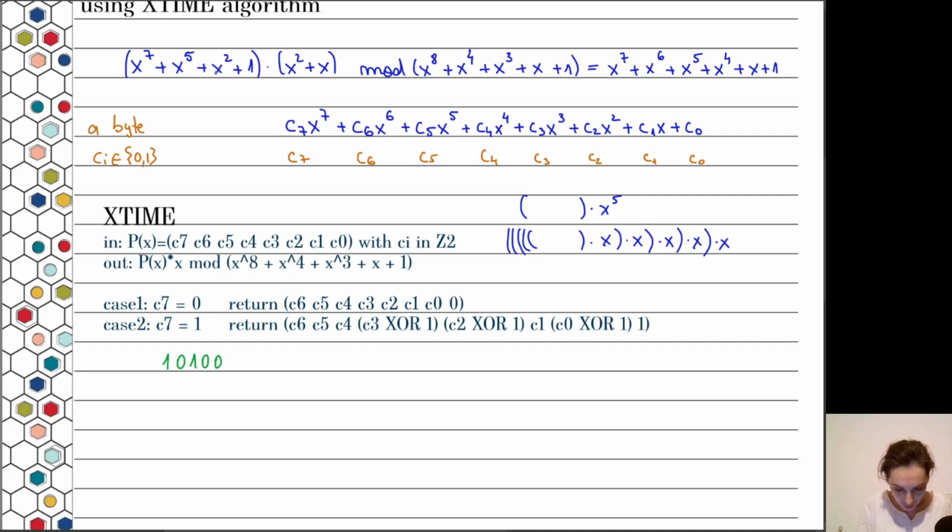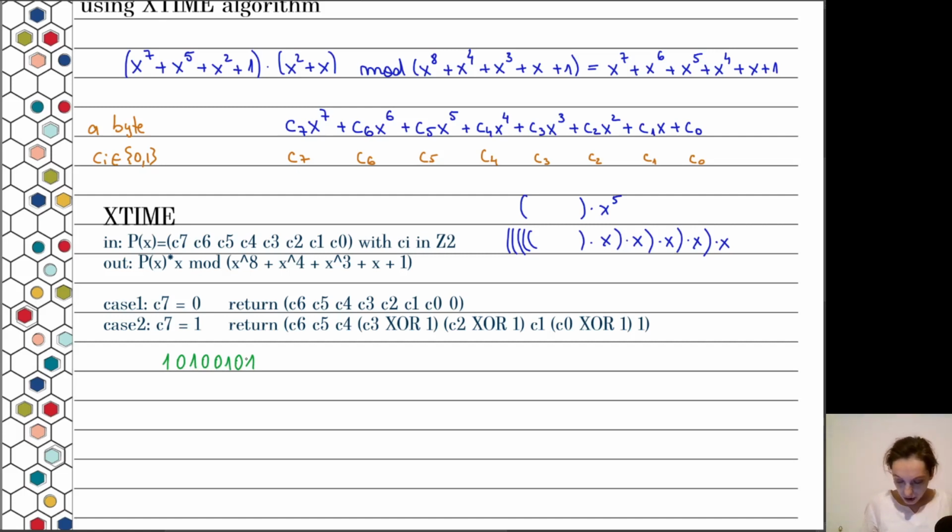The coefficient for x powered by 2 is 1. For x powered by 1 it is 0. And for x powered by 0 it is 1. So our byte will be 1 0 1 0 1 0 1 0 1.